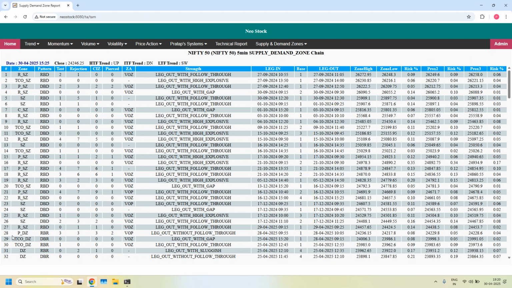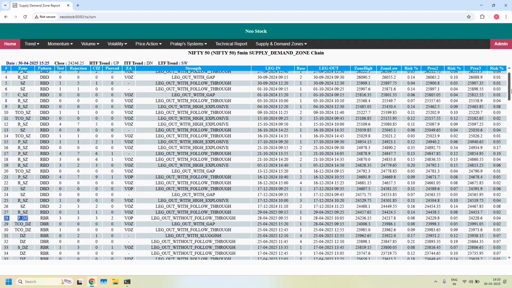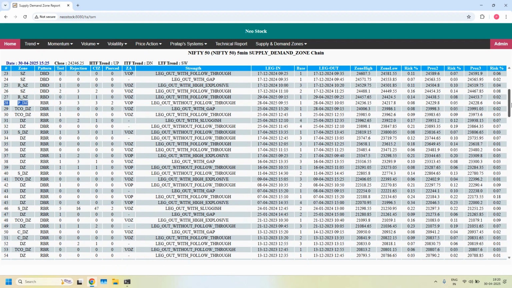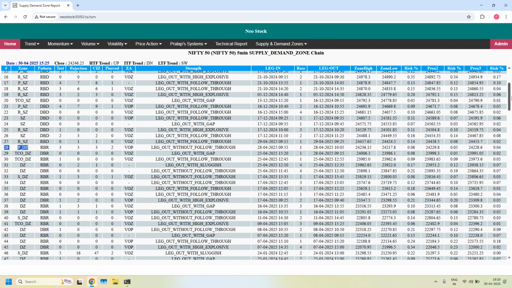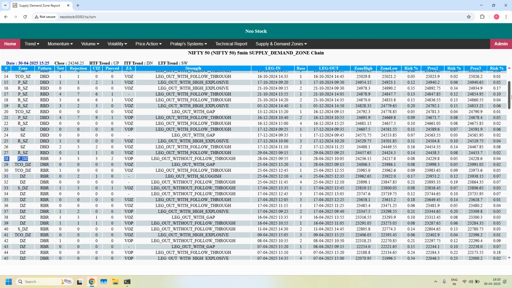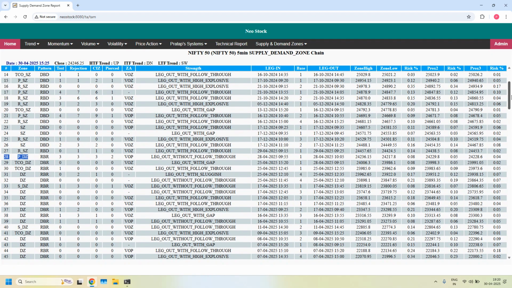The nearest demand zone for the current closing price is serial number 28. Serial number 27 is the nearest supply zone. I am adjusting in the middle of the screen. So this is about Nifty supply demand zone chain.